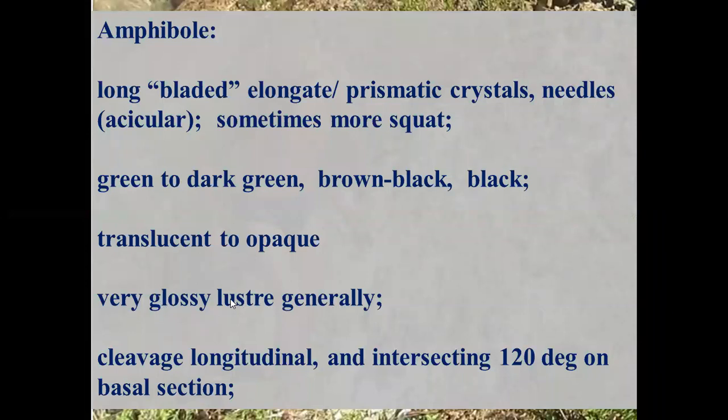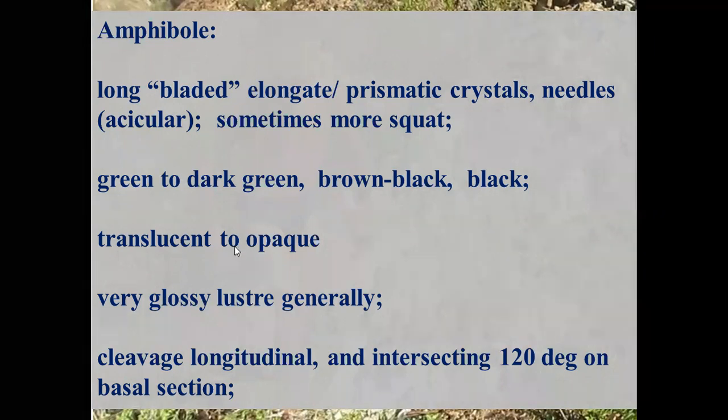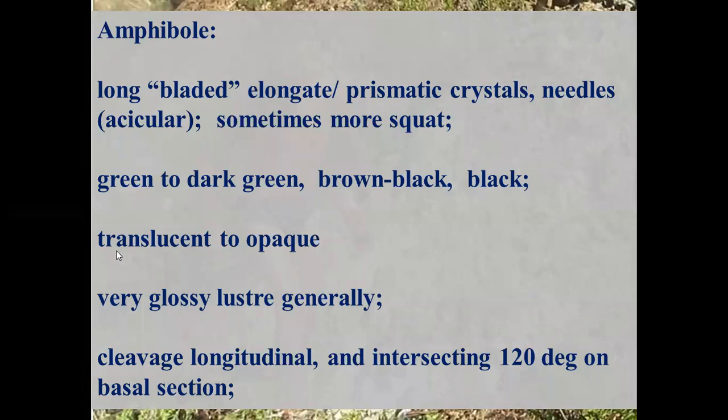They are not particularly transparent. They're mainly translucent and more generally opaque. And the color range is usually these greens, dark green, brown, or even black. And we've seen these longitudinal cleavages.